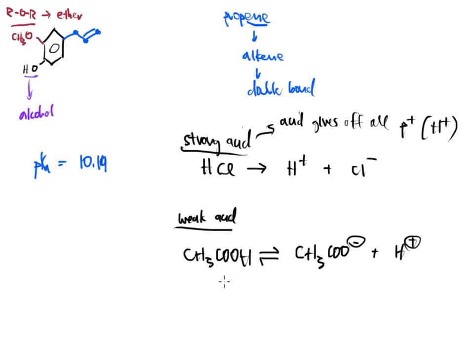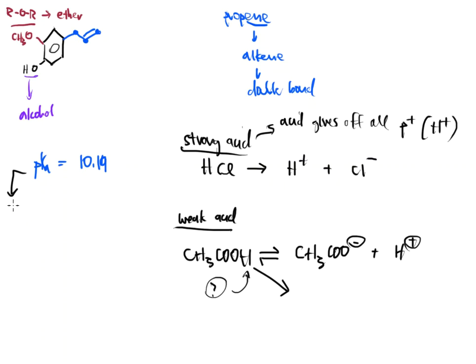So the question here is, when on Earth will this hydrogen be spit out, right? When will the molecule decide to release that proton and release as much of it as it can and completely break away from it? That's what the pKa value represents.